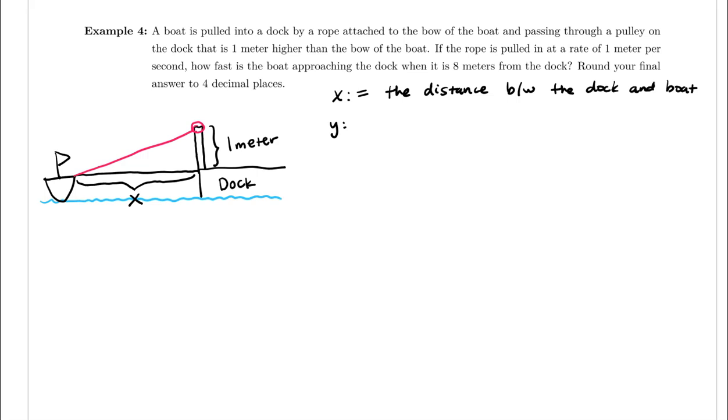Now, maybe let's not use y. Y I usually reserve for vertical distance. Let's call it c. I'm going to let c represent the length of the remaining rope.